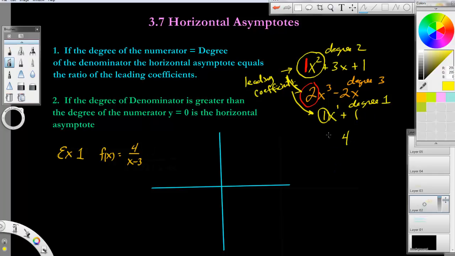That's degree 0, because that's actually x to the 0 power times 4, and anything to the 0 power equals 1. So this is degree 0.